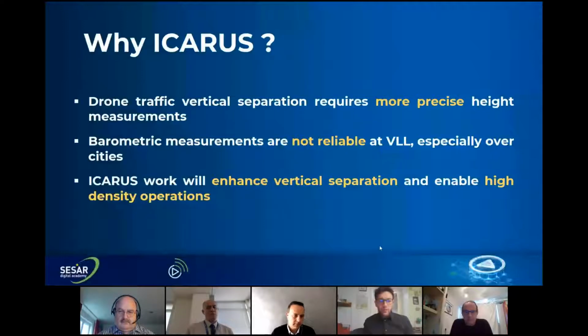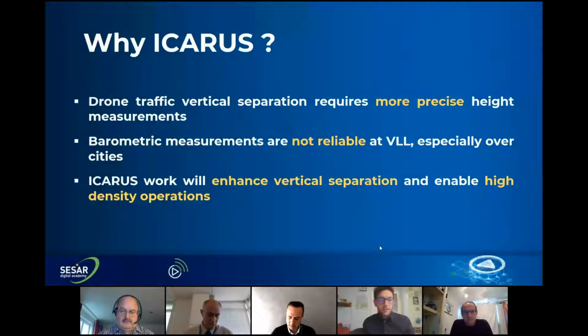In fact, the atmospheric pressure over cities is difficult to measure due to high temperature gradients. We know that buildings generally radiate heat. Air pressure is not constant over time, so the regional QNH is not either. So drones may need to be able to change their QNH setting during the flight.